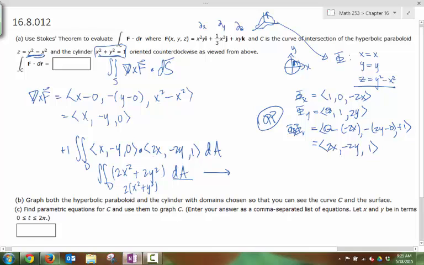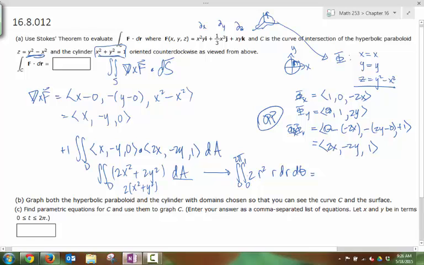There are no other major changes here. So let's integrate this. 2r squared is the integrand, the dA becomes r dr, r goes from 0 to 1, d theta, theta goes from 0 to 2 pi.